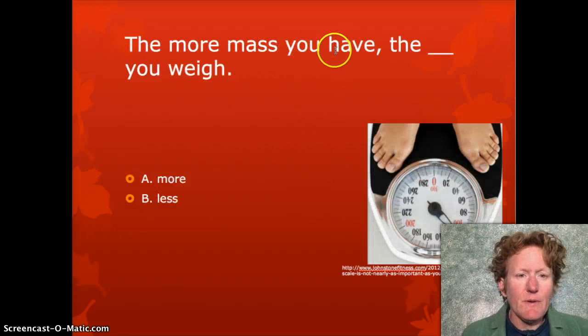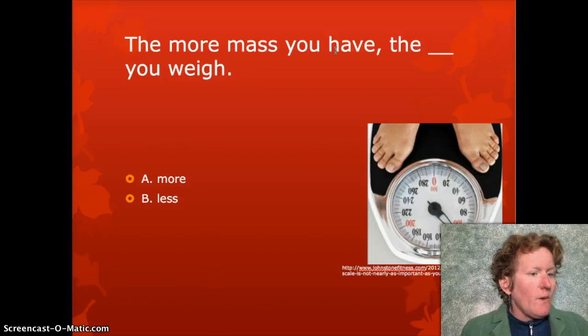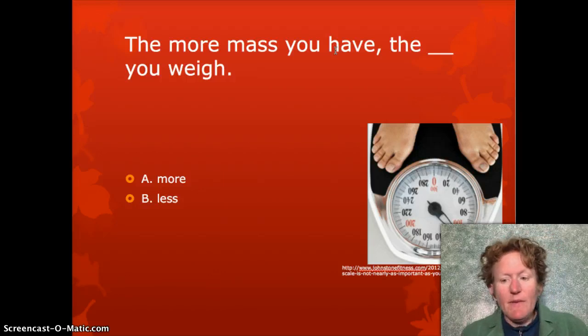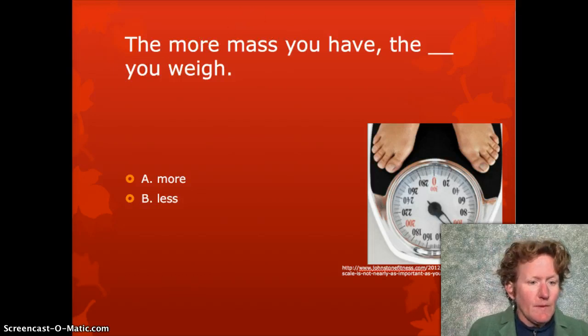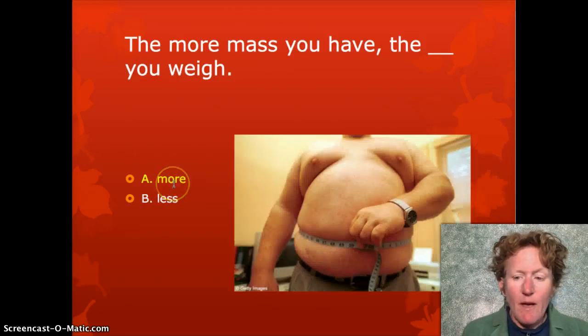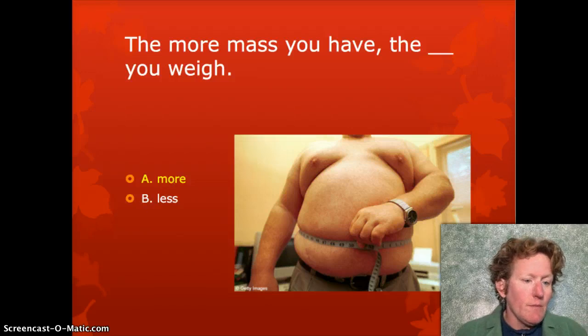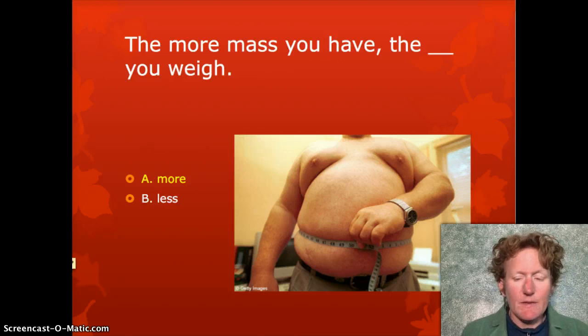The more mass you have, well, if you add mass, if I pick up a small child or pick up a dumbbell and I get on the scale, what's going to happen? Is it going to read more or less? Hopefully you all guessed more. If you have more mass, you're going to weigh more. We all know that after Christmas when we've had too many cookies.